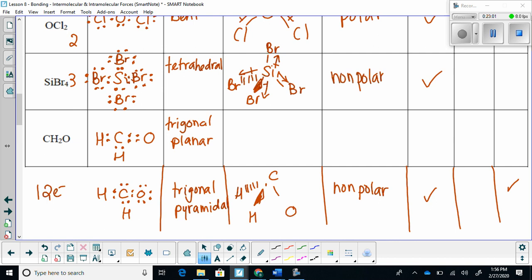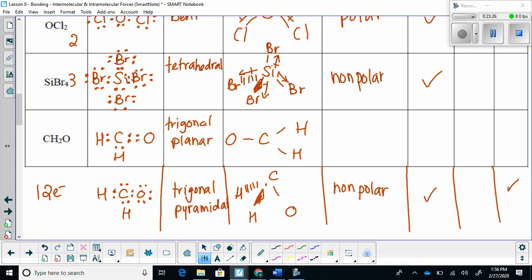Okay, so this is incorrect. So we should have carbon in the middle, and hydrogen, oxygen. The orientation doesn't matter, but the angle does. It should be roughly 120. Now, is this polar or non-polar? Polar. Okay.